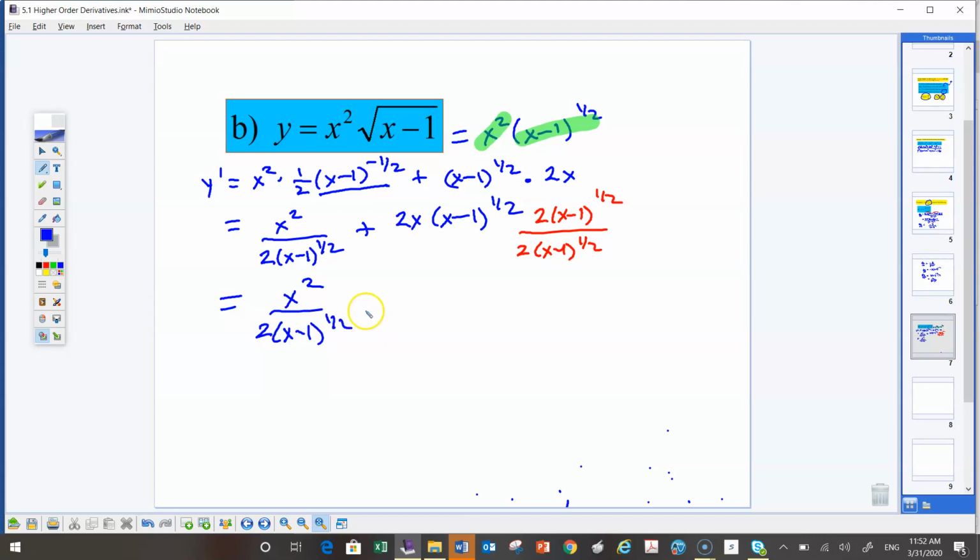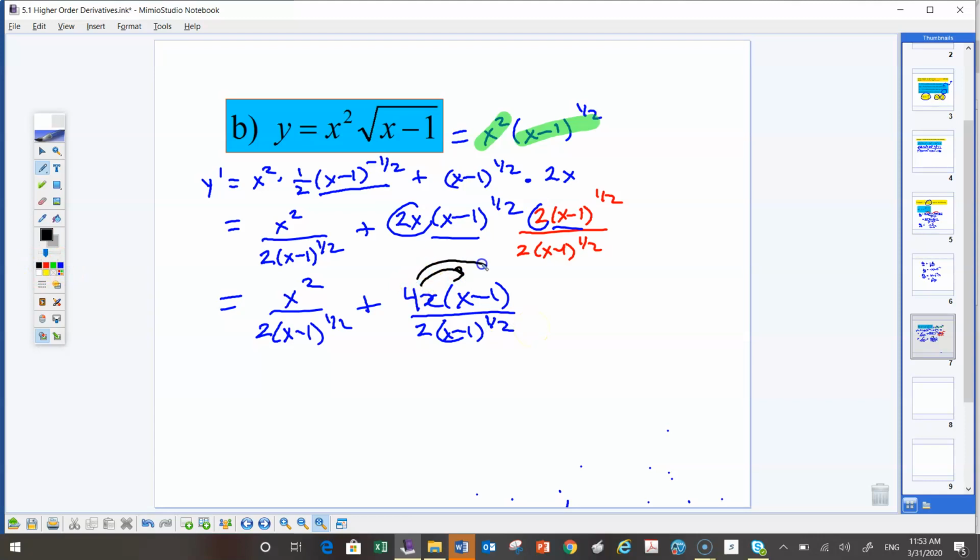And if I clean this up, I'm going to have x squared over 2 x minus 1 to the 1/2 plus 2 times 2x will give me a 4x, so I just multiplied those together, and those two things multiplied together are going to leave me with an x minus 1, and this is all over 2 x minus 1 to the 1/2.